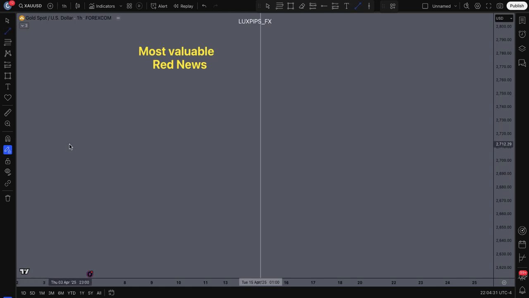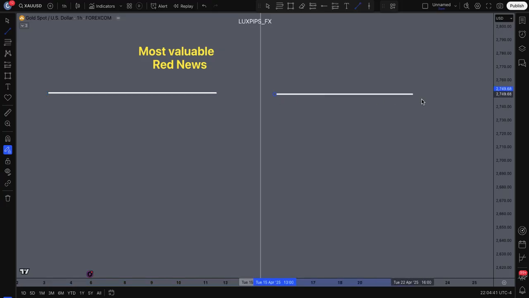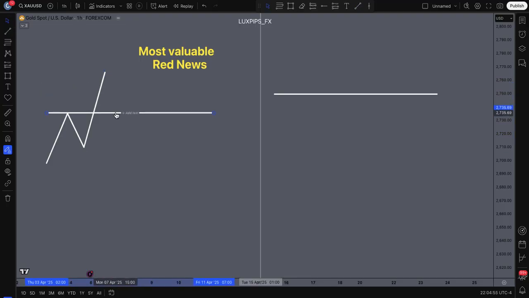So, let's say you have a POI, right? I'll do another illustration here. So, if you see a red news, I'm gonna put it here at this high, structural high.